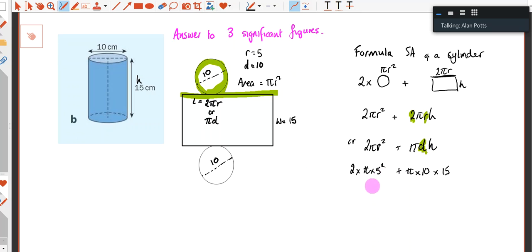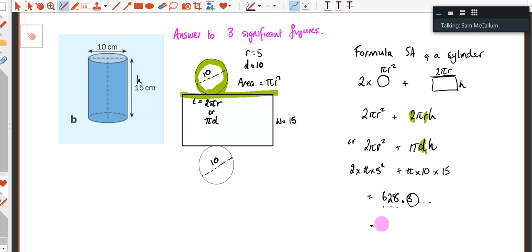Okay, and I do believe if you work that out on your calculator, you get the answer 628.3 something. I've written that to 4 figures, but we only want the 1, 2, 3, and then the 3, does it round it up or not?